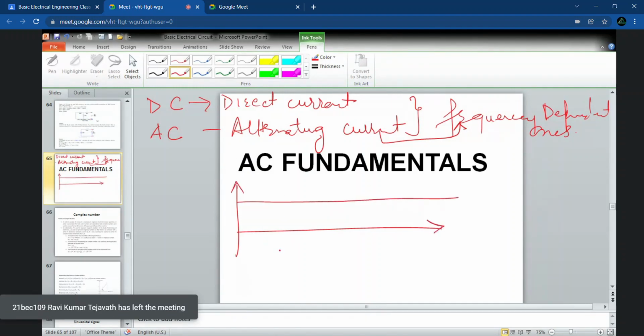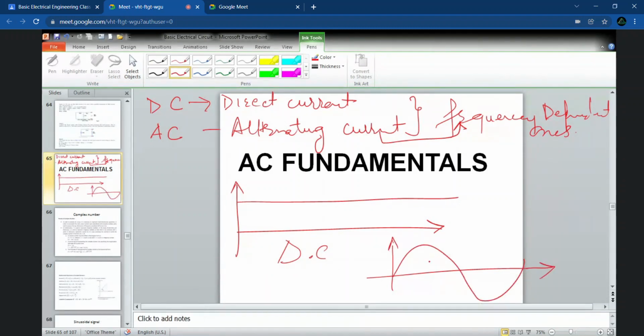This will be something like a representation in DC, and this will be some sort of representation in AC. Clear? Now the difference is clear to everybody? One more thing. In case of DC circuits, we used to represent, say for example, I'll enter one more slide.